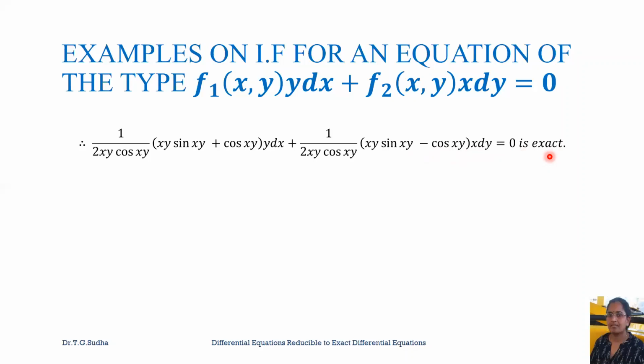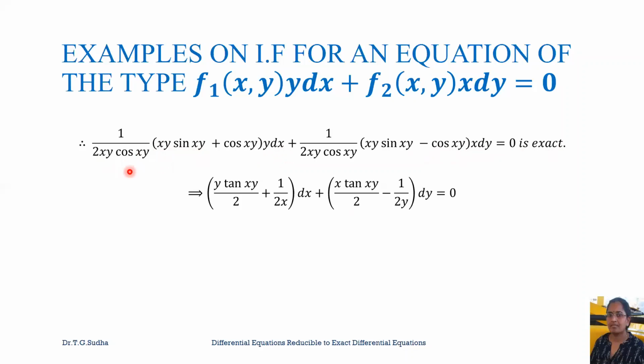So let us simplify this now to get y tan of xy by 2. From the first term we get sine of xy divided by cos of xy, that gives us tan of xy, and x gets cancelled here as well as y gets cancelled here, leaving (y tan of xy by 2 plus 1 over 2x).